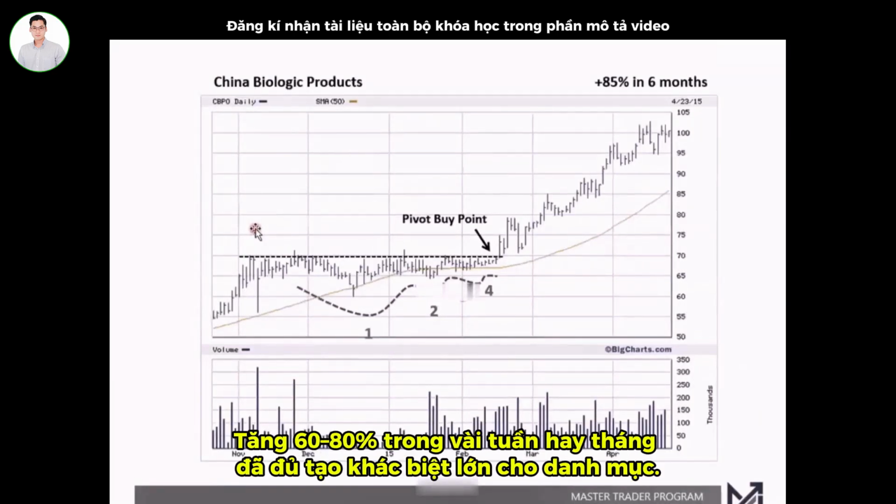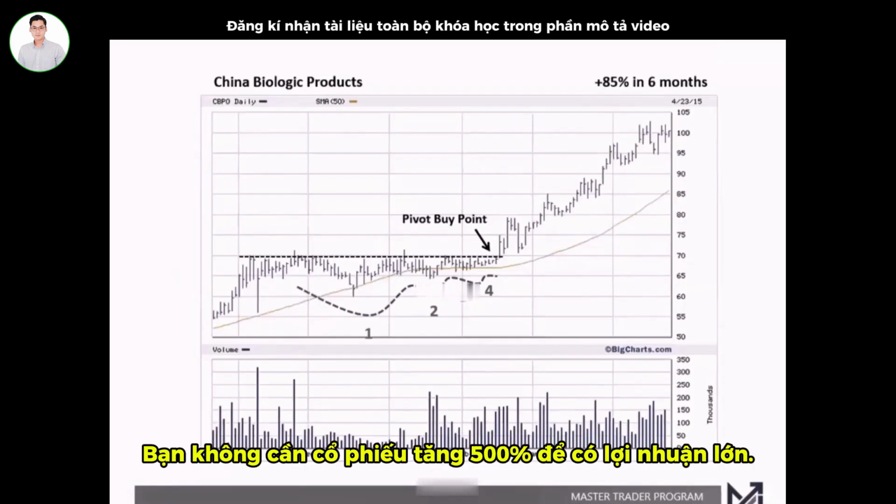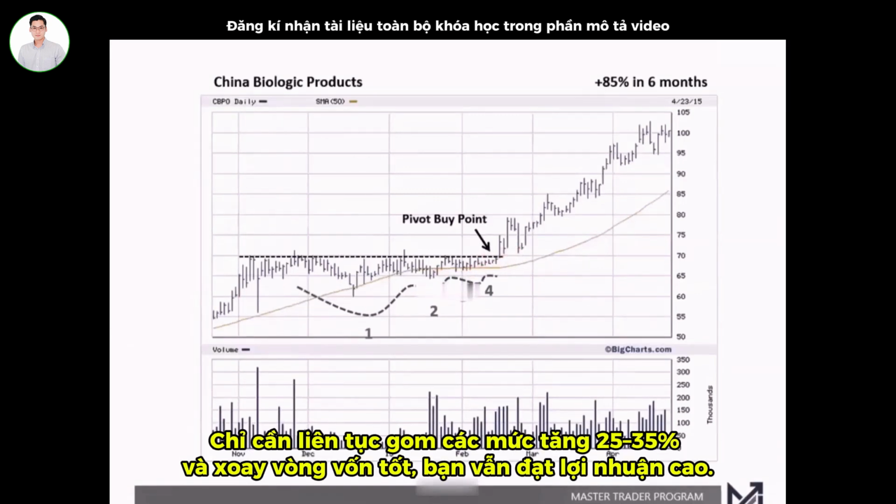If a stock goes up 60, 70, 80% in a number of weeks or a couple of months, that is a big move, and that can really make a difference in your portfolio. You don't have to get a stock that goes up 500% to make big returns. If you're compounding these and getting stocks that are moving even 25, 30, 35% in just a number of days or weeks, you could be turning this over and getting a huge return.